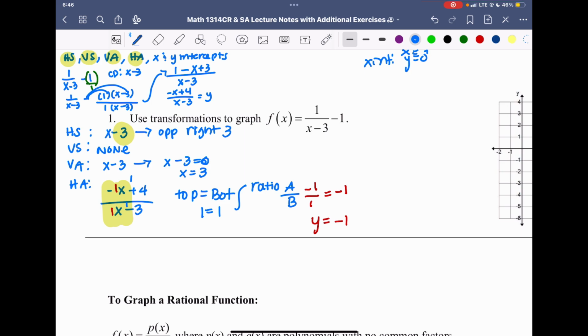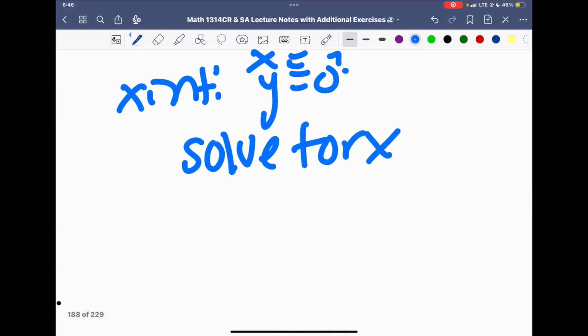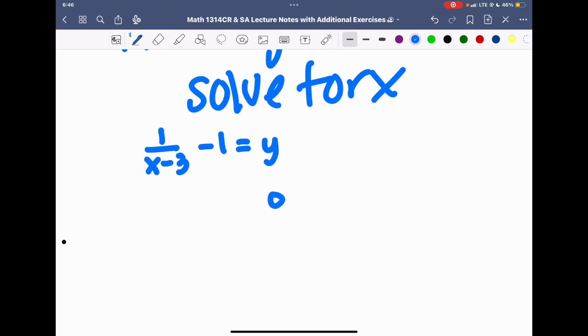So let's do it on the original equation, solving for x. We have 1 over x minus 3 minus 1 equals y. We have 0 equals 1 over x minus 3 minus 1. Add 1 to both sides.